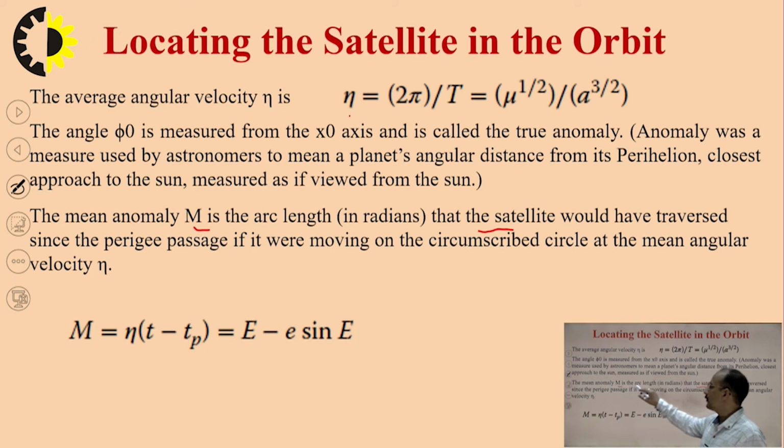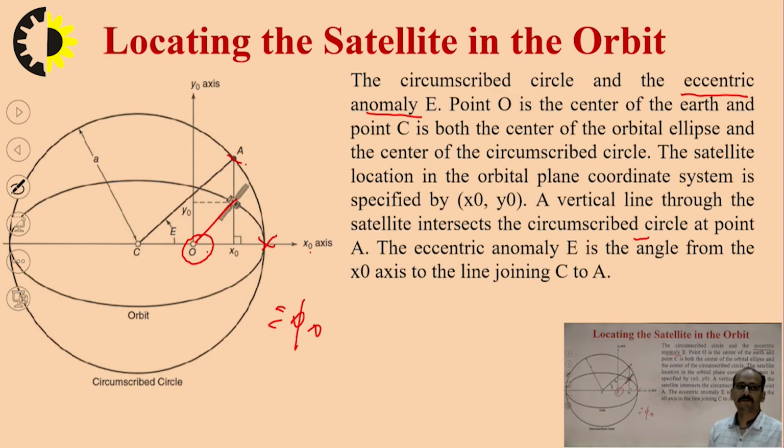The mean anomaly M is the arc length that the satellite would have transferred since the perigee passes if we were moving on the circumscribed circle at the mean angular velocity eta. It means someone is locating the satellite from this circumscribed circle. Here is the satellite, and we are watching it by the astronomer's angle.